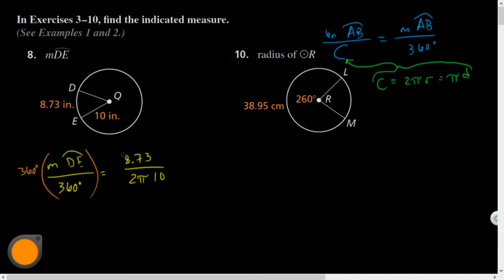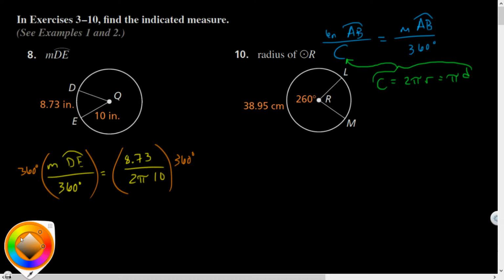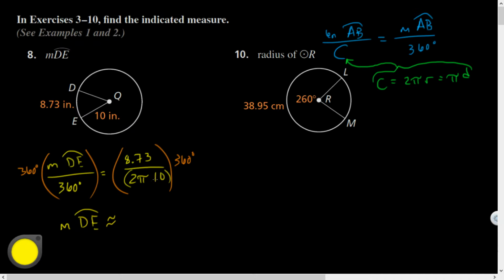But once you have the proportions set up, you can solve any which way you'd like, as long as you obey the laws of mathematics. So the measure of DE is approximately 8.73 multiplied by 360 divided by, and I might have to throw this in parentheses on my calculator. 8.73 divided by 2 pi, oh, there's a pi button now?